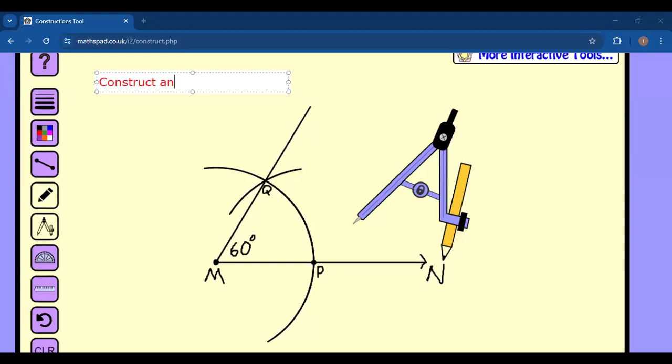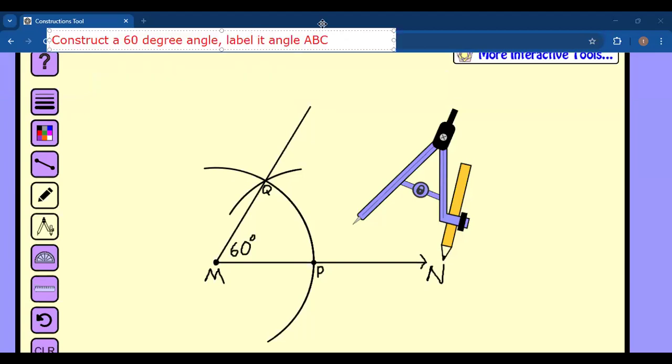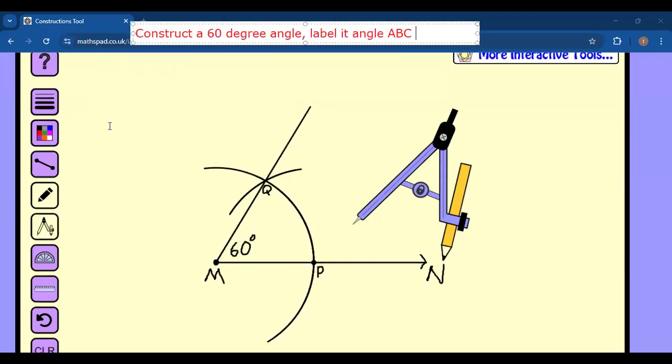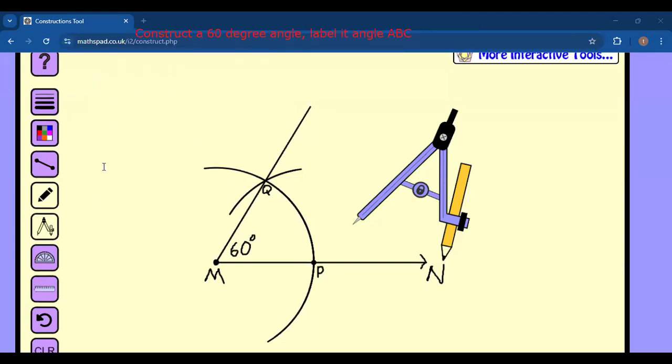Construct angle ABC. Let's say construct a 60-degree angle. Construct a 60-degree angle. Label it angle ABC. Good. So that's our angle we have to make. I'm going to erase all this. We're going to do it again.